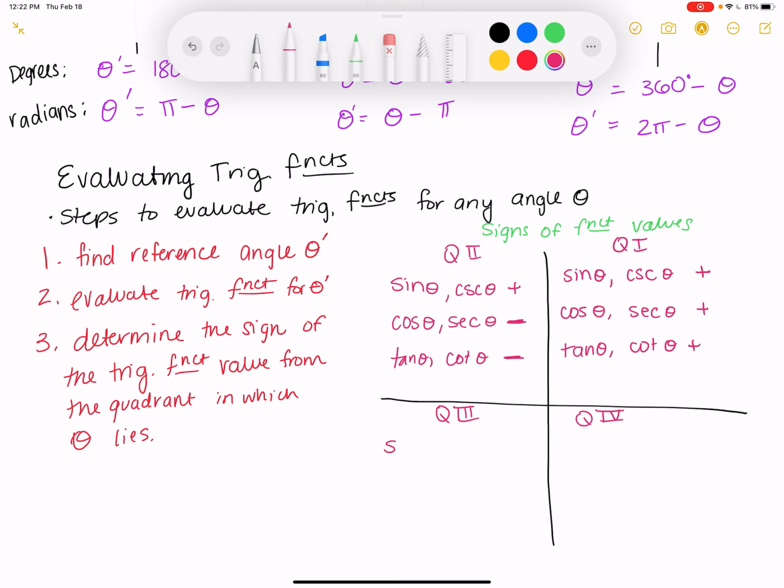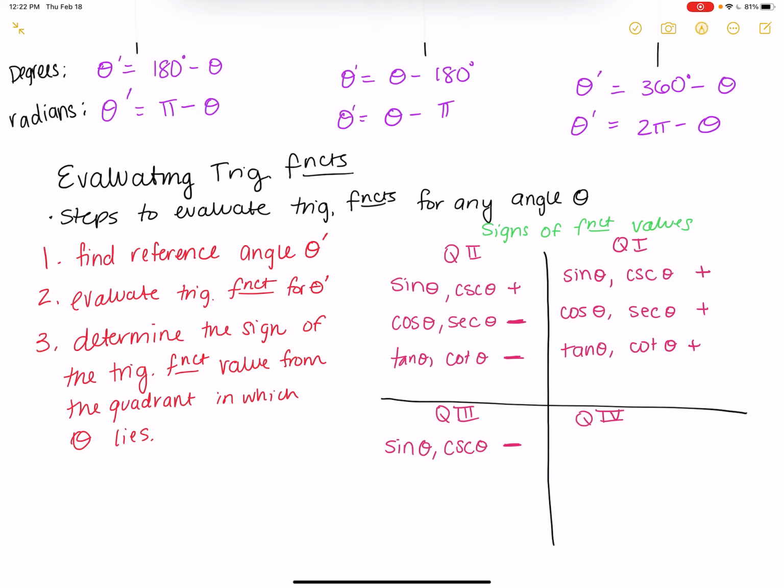In quadrant 3, sine of theta and cosecant of theta are both negative, okay.